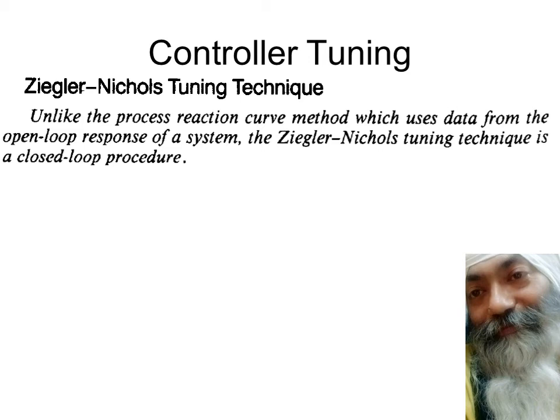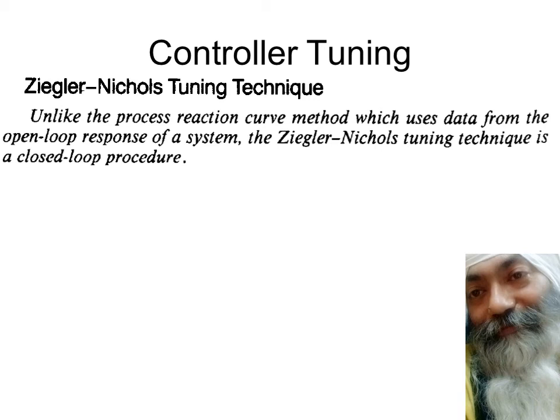And then you give a small change, a small disturbance anywhere, and then you go on increasing the gain. As you go on increasing the gain, the system starts oscillating and then decays down, every time you give a slight up change or a slight down change in the set point.